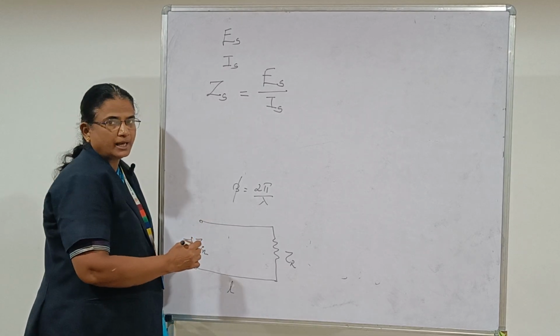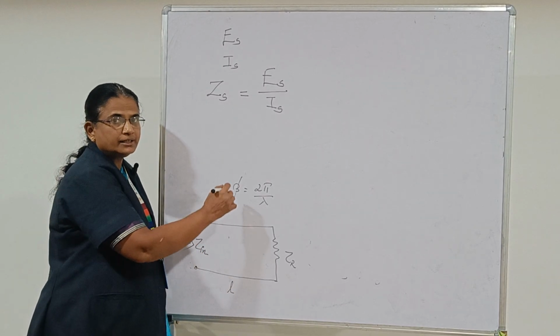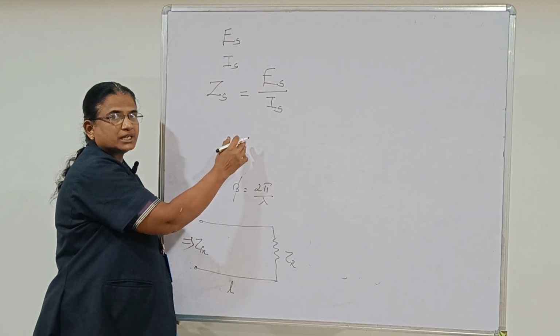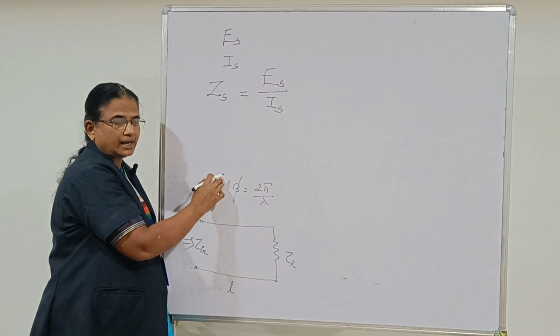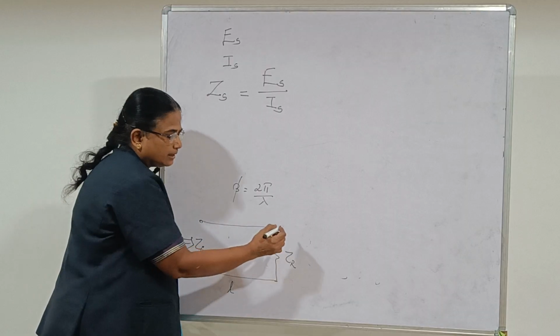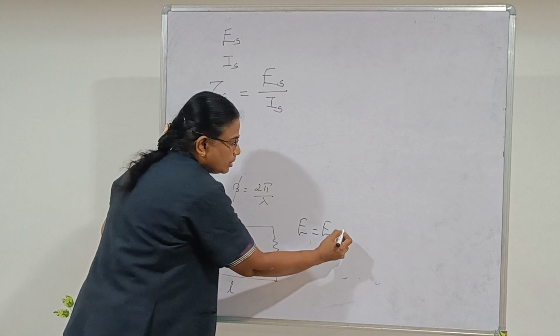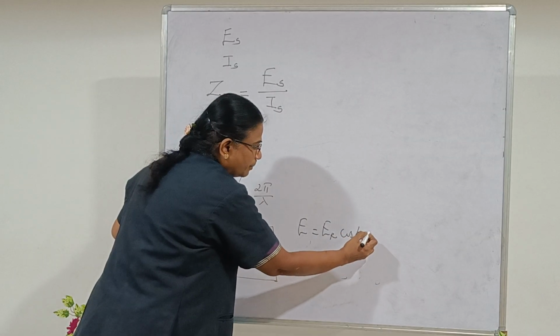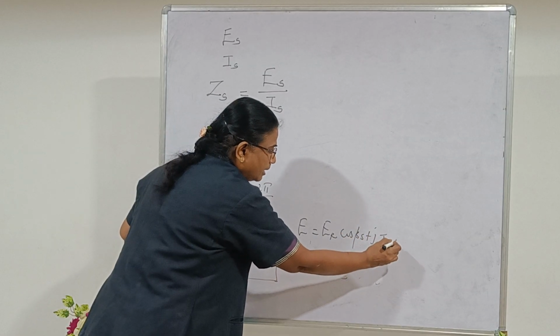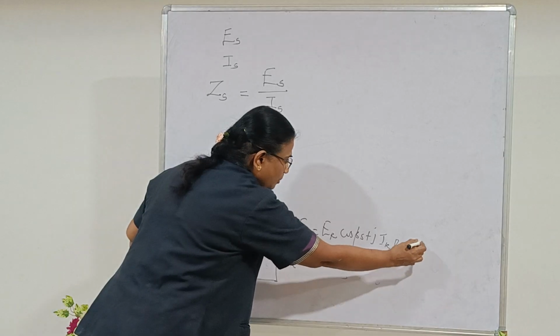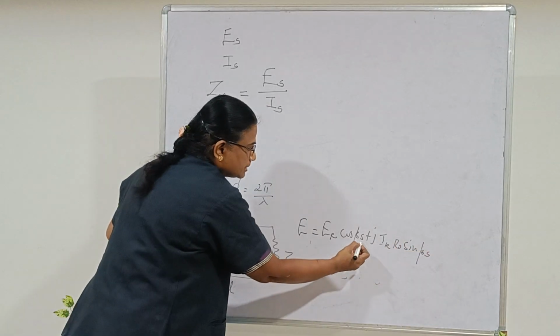We need to apply the boundary condition in the equations of voltage and current for a dissipationless line. As we see, the voltage equation is E is ER into cos beta S plus j IR R0 sin beta S. Now what is this S?